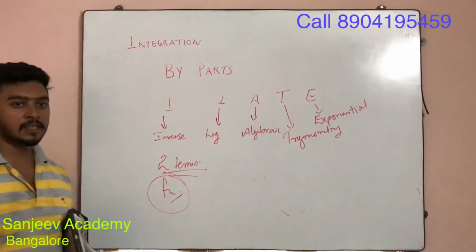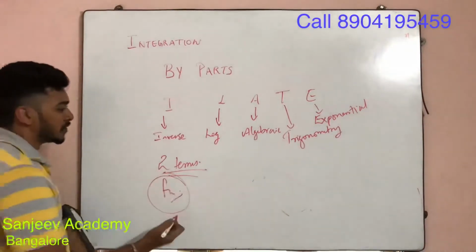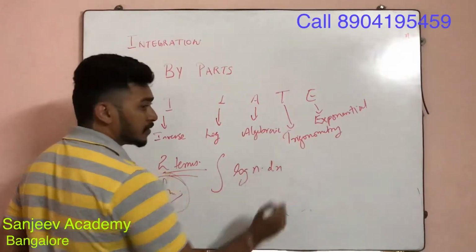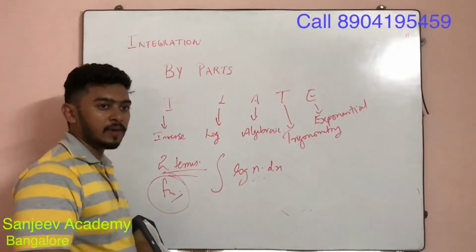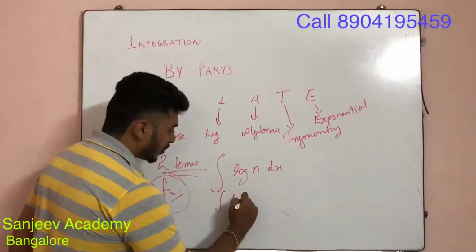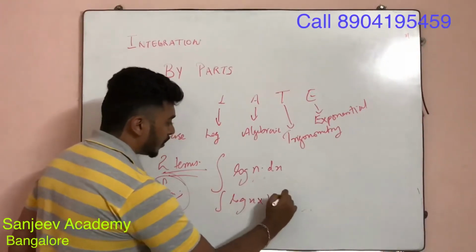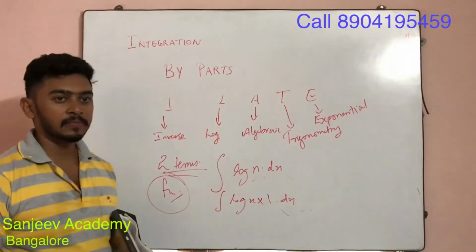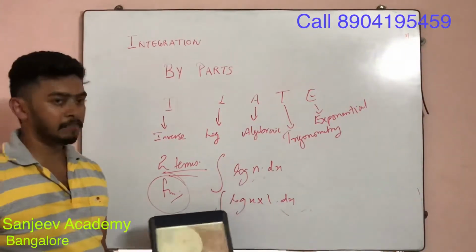Suppose the question is integral of log x dx. Here you can only find one function, so the next function we take as 1: log x into 1 dx. Now we have two functions, log x and 1. Those two functions are called by parts.